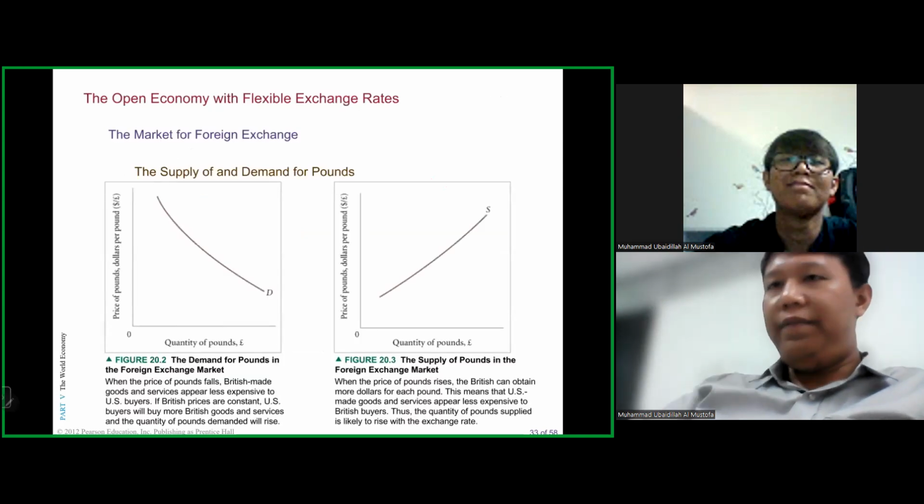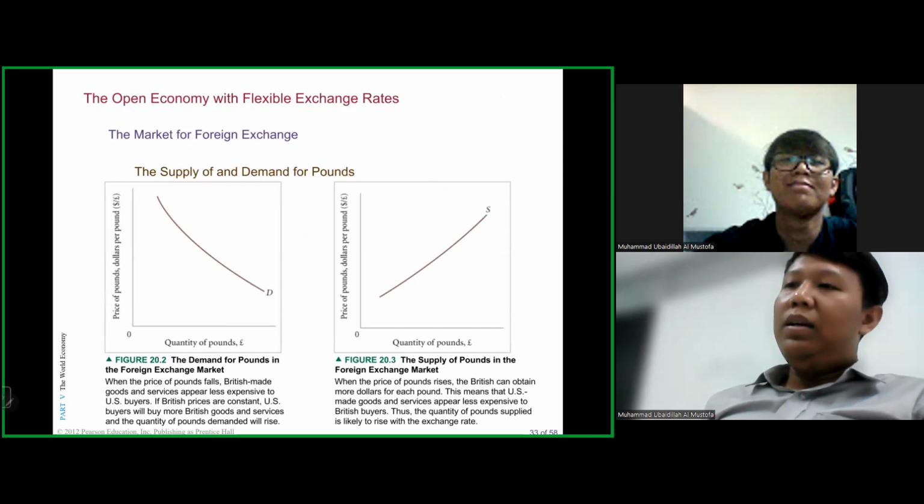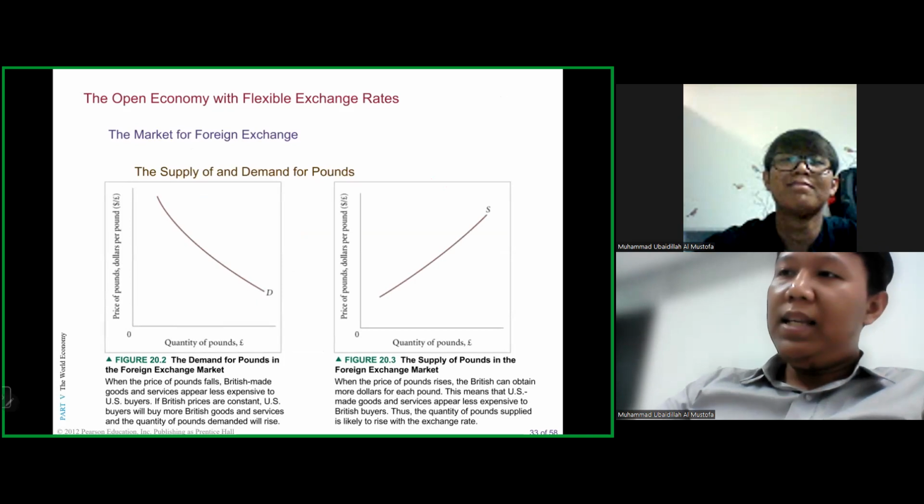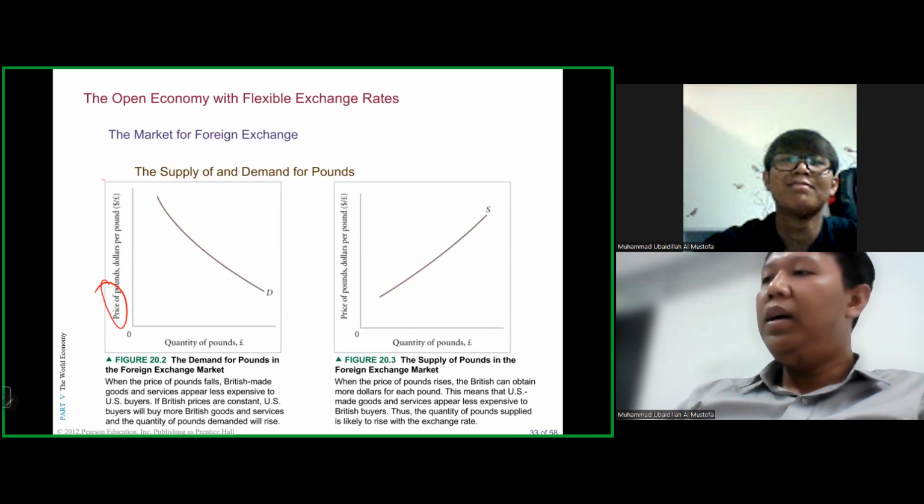This is the look of the model of supply and demand for pounds, for example. The y-axis here is the price of the pound. We see that the demand is downward sloping, and on our right side we have a supply curve, which is upward sloping, with a positive slope. The model is quite the same, except for the trend in the curve.